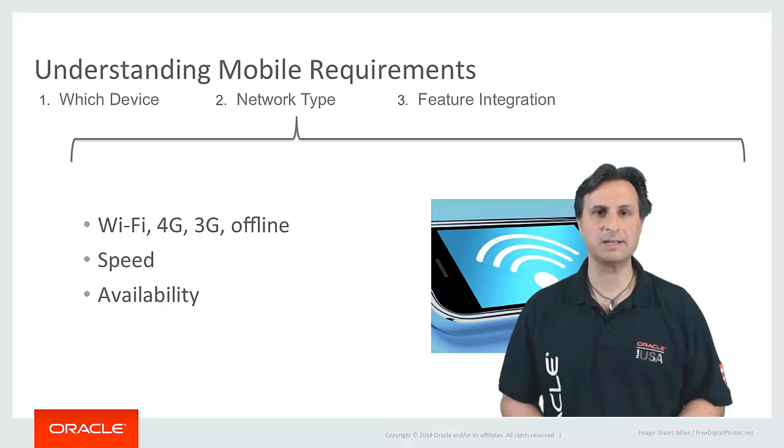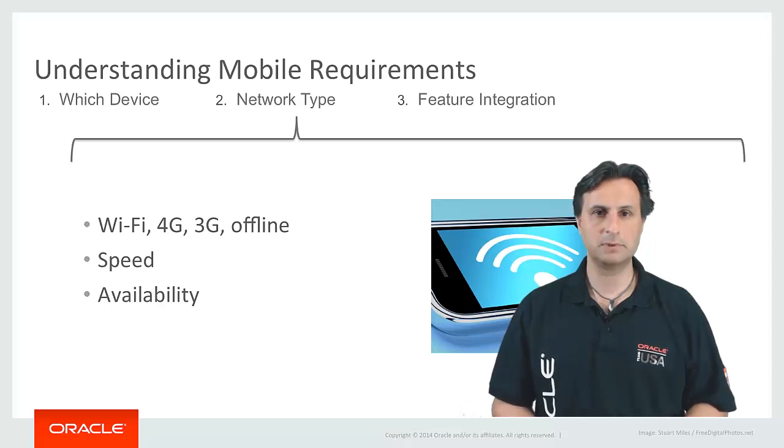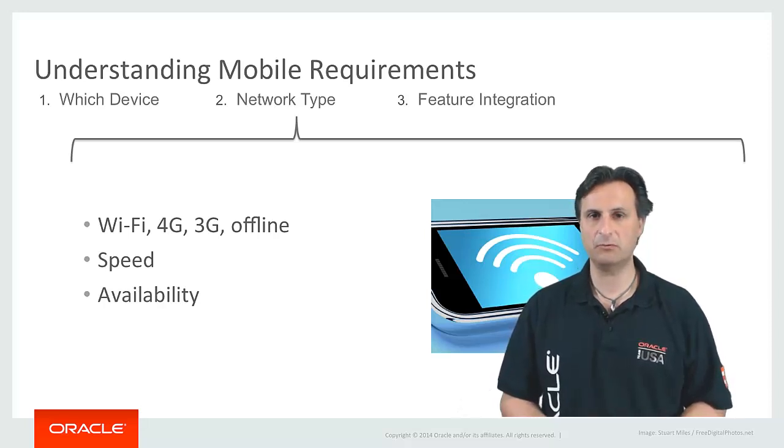However, on the mobile device, things might be different, and you might be connected to the network, which is 3G, 4G, or the Wi-Fi, or you might be connected to no network, in which case you're not connected at all.